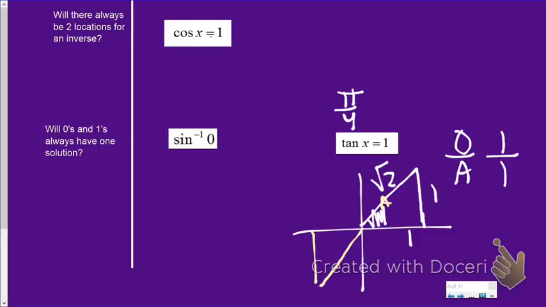Tangent is also positive in quadrant 3. So again, my reference angle here is 45, which is pi over 4. This line is pi. I'm going past pi by pi over 4, so it's pi plus pi over 4, so 4 pi over 4 plus pi over 4, which is 5 pi over 4. So those are my two answers.